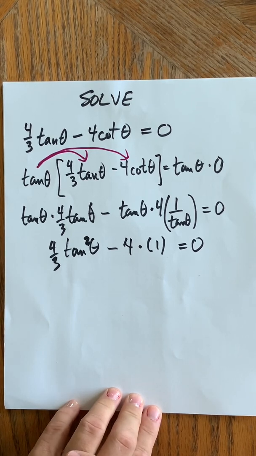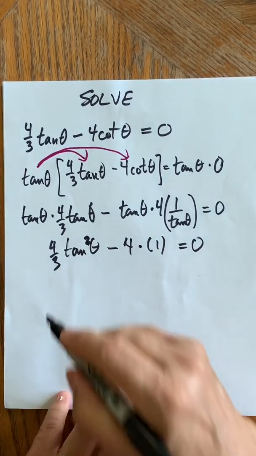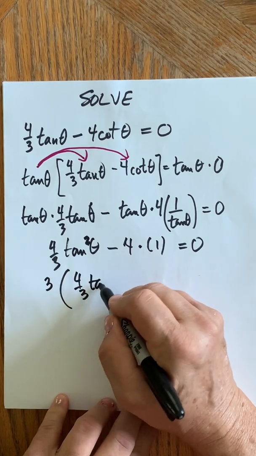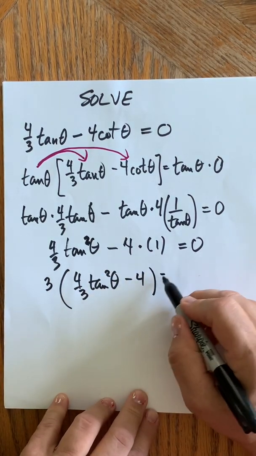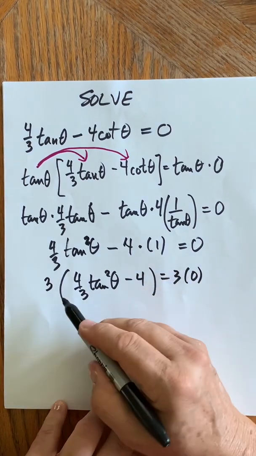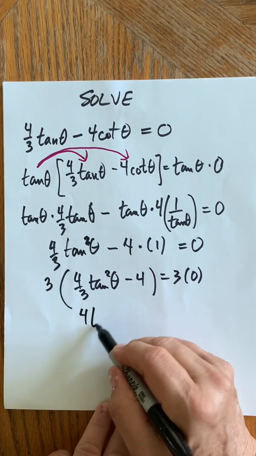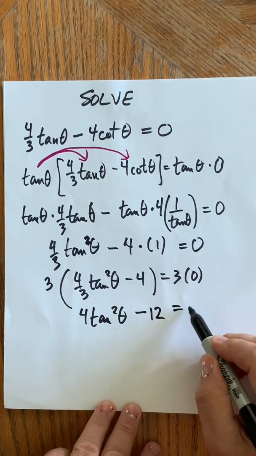Let me multiply by 3 to clear the denominator. Distributing, the 3's cancel out, and you're left with 4 tangent squared theta minus 12 equals 0.